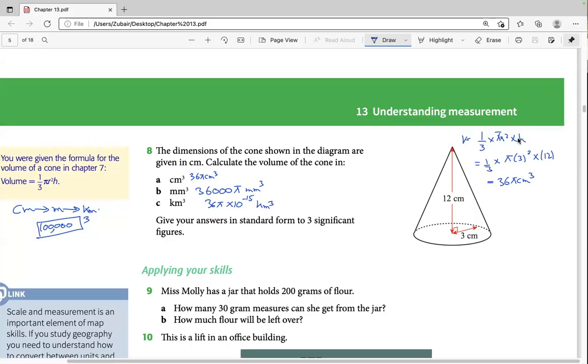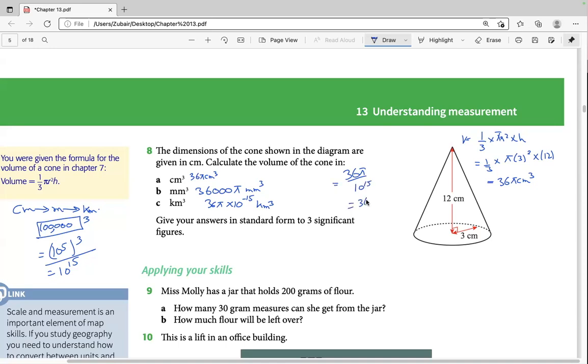Because we're dividing it. Five zeros, may I write these five zeros like this? So this would make it 10 raised to power 15. And when it's in the denominator, that becomes minus 15 when you bring it in the numerator. Like 36 pi over 10 raised to power 15.